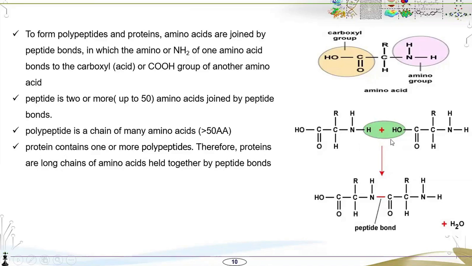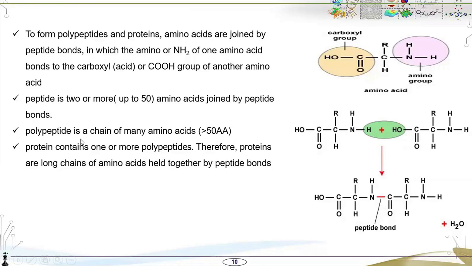By losing one water molecule, a bond forms between CO and NH. Peptide bond means a bond between C double bond O and NH, that is, the carbon of the carbonyl to the nitrogen of the amide. So that is about peptide formation, with the peptide bond, either two amino acids or more than two, up to 50.